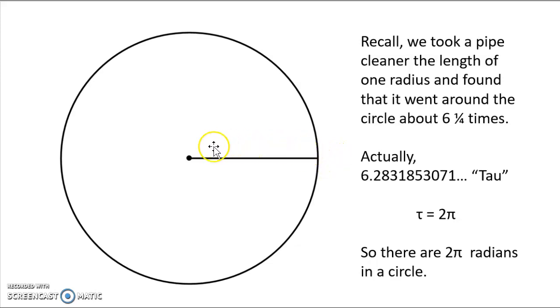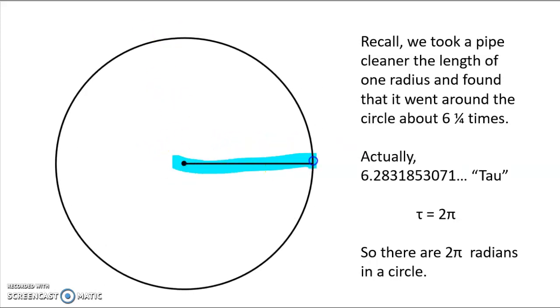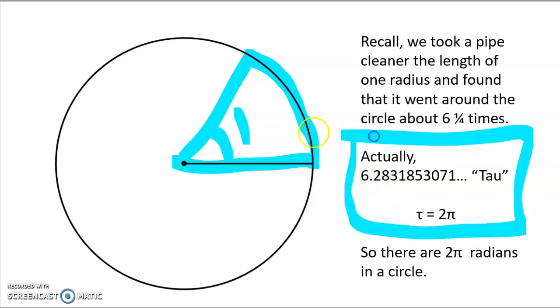If we think about this radius as a length that would trace out an angle measure, we're going to call that 1 radian. That means all the way around we end up with 6.28 radians, which is a number that's referred to as tau, but tau is just 2 pi. So there are 2 pi radians in a circle.